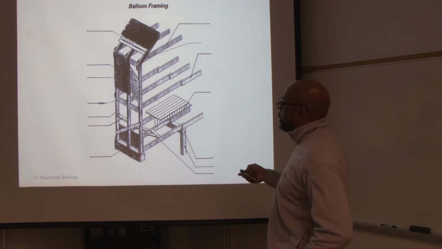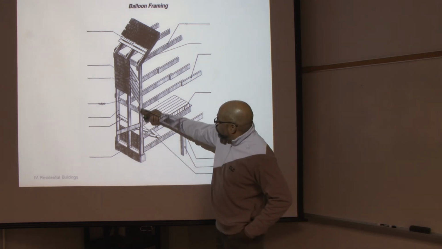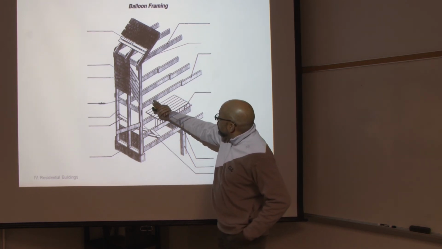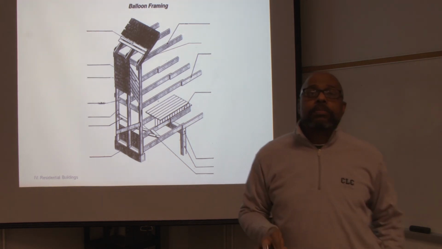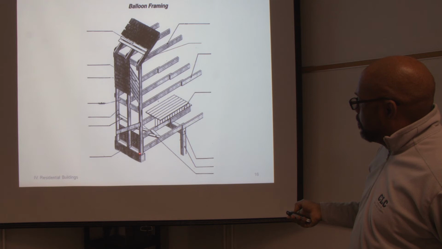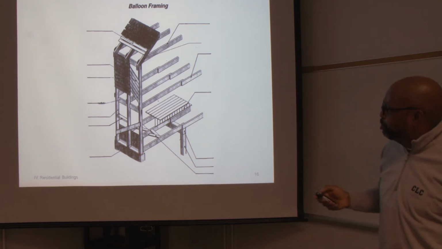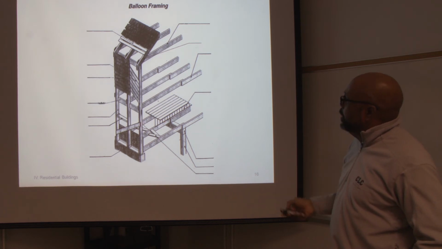If it's two stories like this picture, it would have the first story, the floor joists for the second story, and it would go all the way up. So balloon framing, you can always tell because it would have the studs that go completely up to the attic. And they would put braces to help support it.